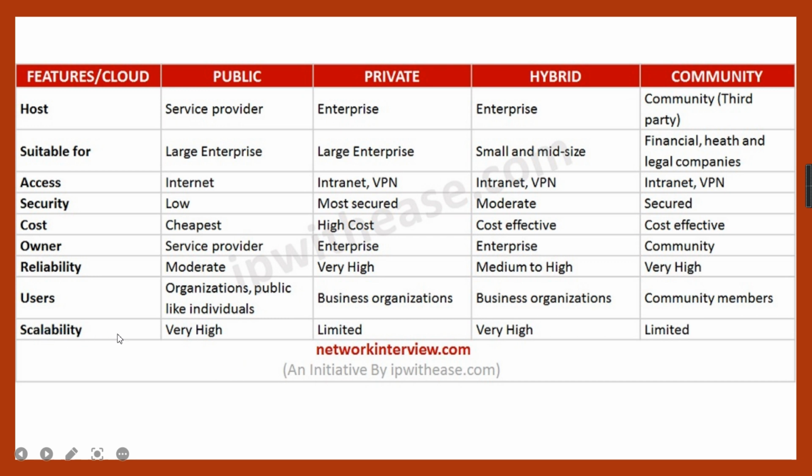Scalability, increasing or decreasing the features or usage, that is scalability. So here scalability is very high, very flexible. For private it's limited, only the people from that organization can use, that is why it's less flexible.